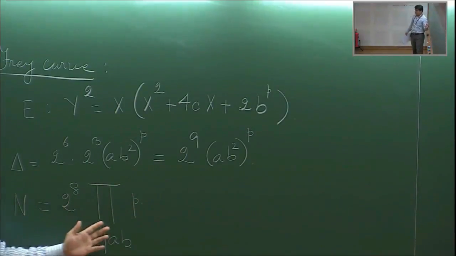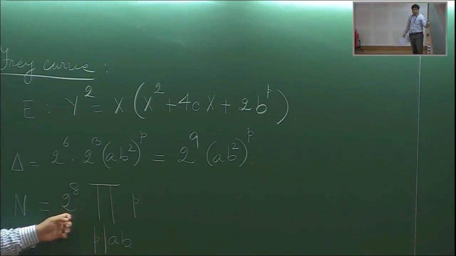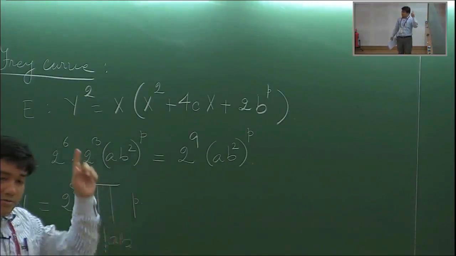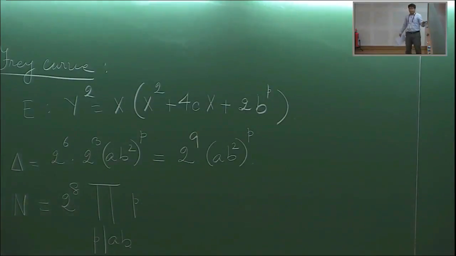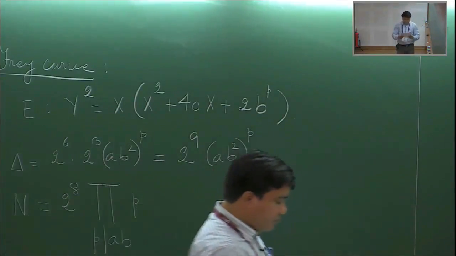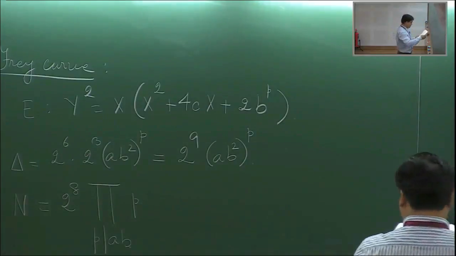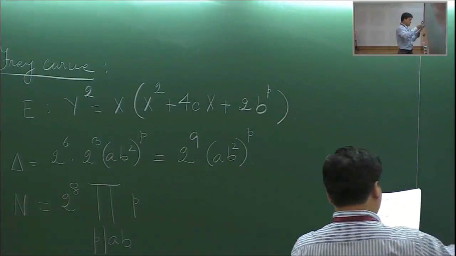But as you can see, there is a power of 2 occurring here. So I have to resort to the general Breuil-Conrad-Diamond-Taylor theorem to get modularity.